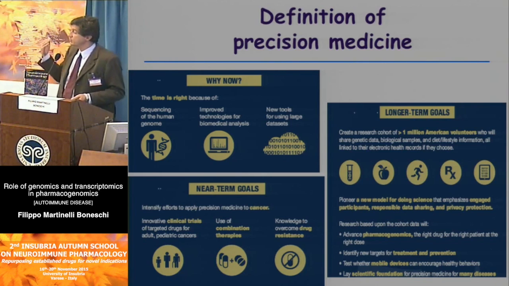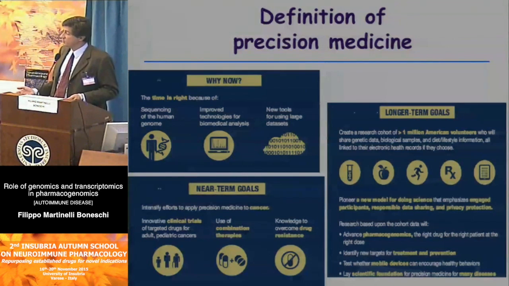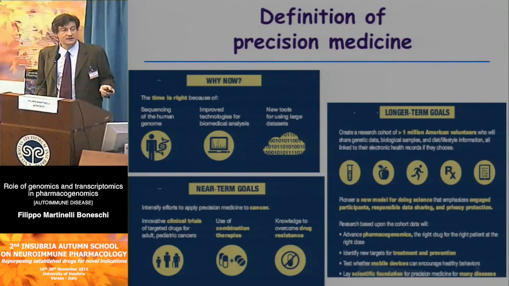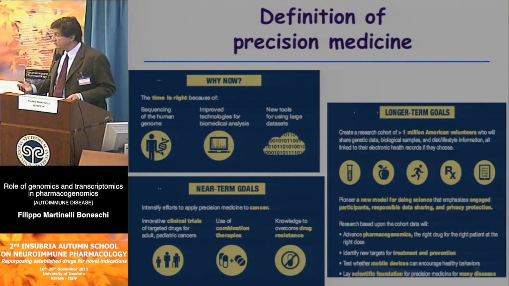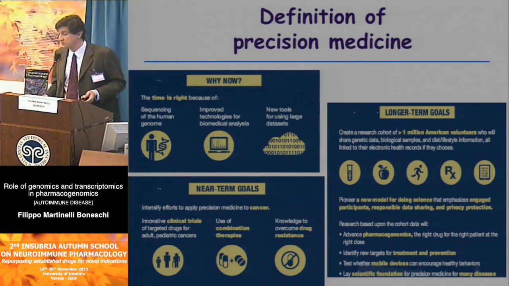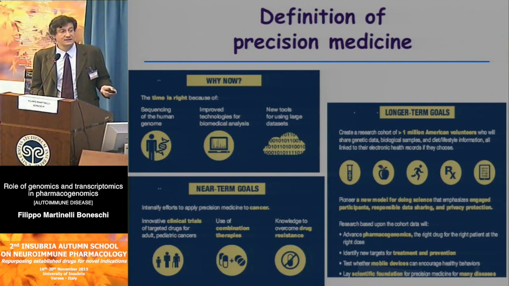So the basic idea, and I will show why, is that precision medicine is now at a more advanced stage in cancer treatment. The basic idea is to be able to design clinical trials of targeted drugs.